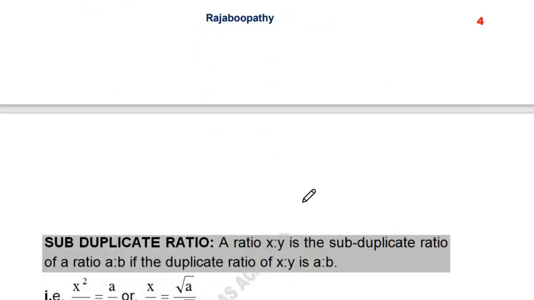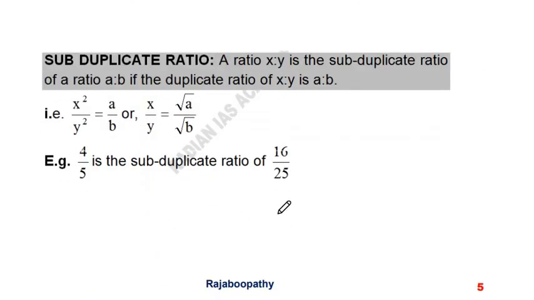Next, similarly, we have the sub-duplicate ratio. Sub-duplicate ratio means you have to take the square root. So please note that if 4:9, then the sub-duplicate ratio of 4:9 is 2:3.